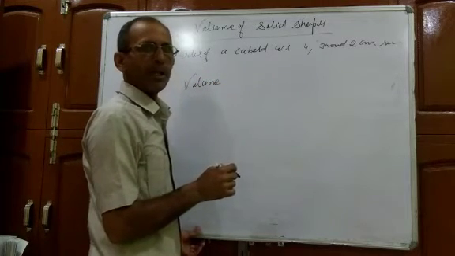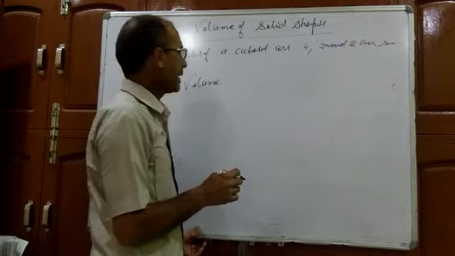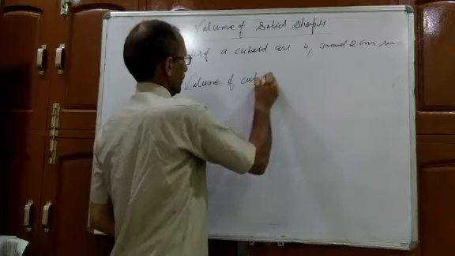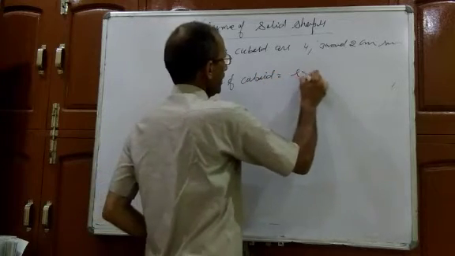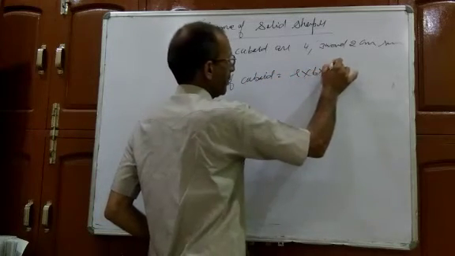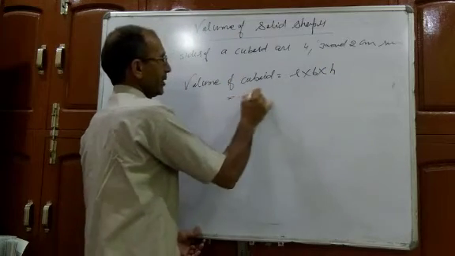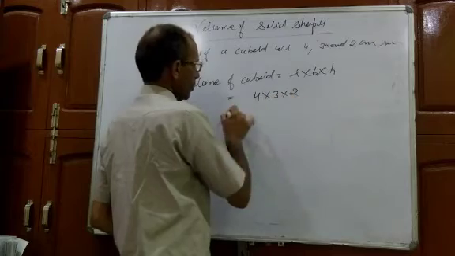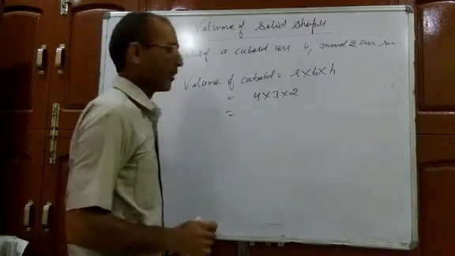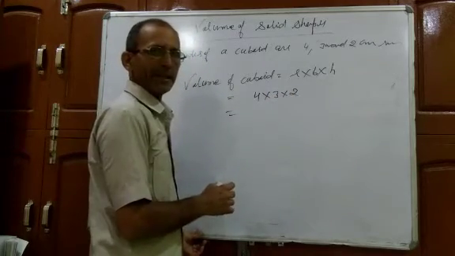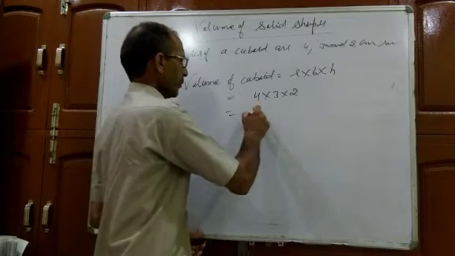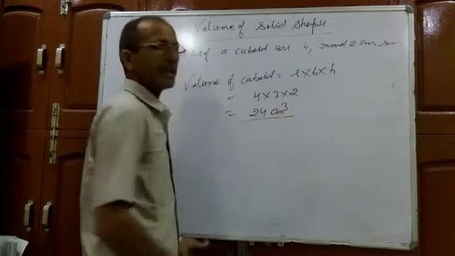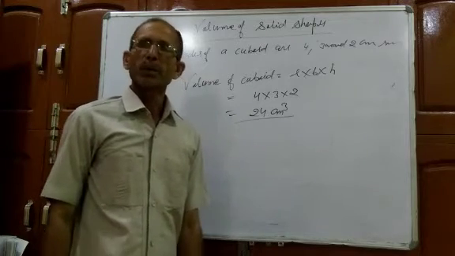Volume of cuboid is length multiplied by breadth multiplied by height. Length is 4, breadth is 3, height is 2. 4 threes are 12, 12 twos are 24. So 24 cube centimeter. This is the volume of the cuboid.